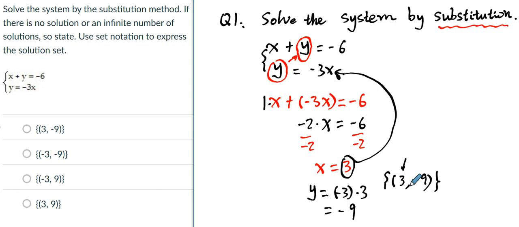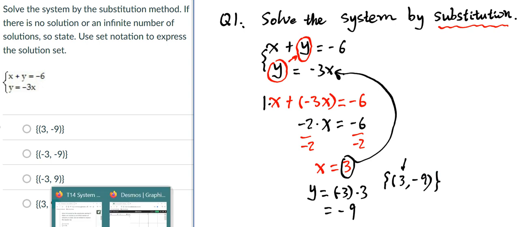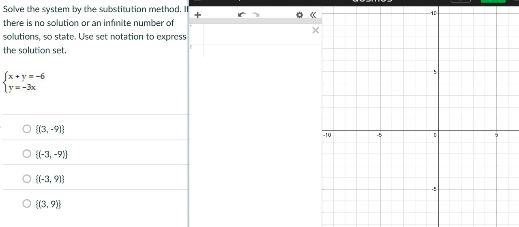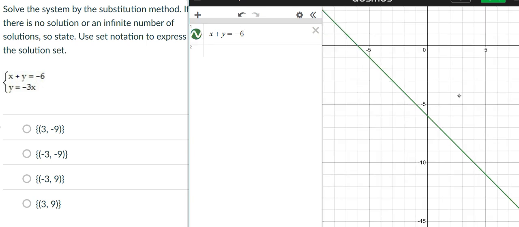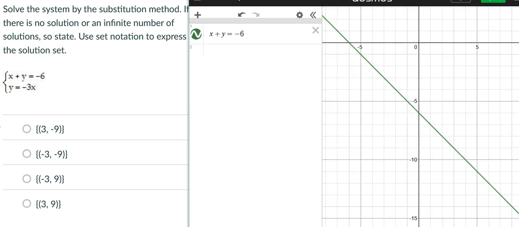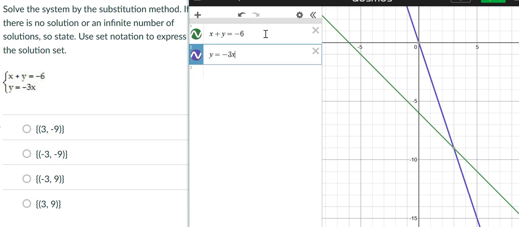What's the meaning of (3, -9)? You know, in Desmos, this is a graphing website. If you input x plus y equals -6, you know that would be a line. Now, you can then input the second equation, y equals -3x.